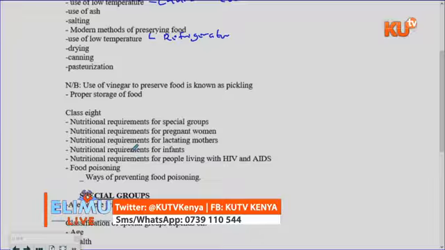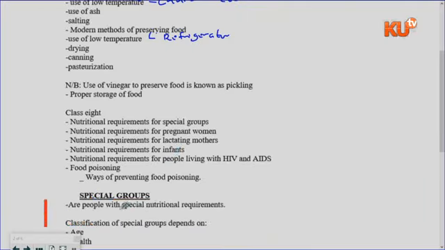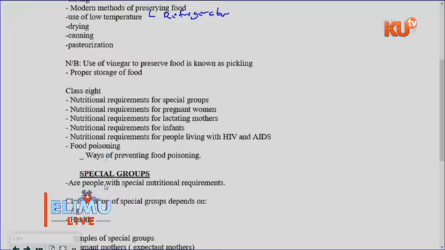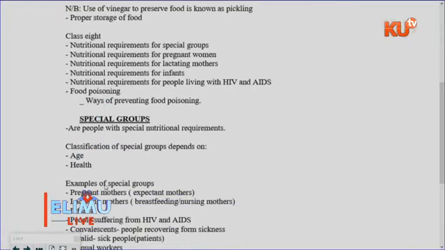Number 4, we have got nutritional requirements for infants. We shall learn who an infant is. And then we have got nutritional requirements for people living with HIV and AIDS. And then lastly, in this one, we shall learn about food poisoning. And then under that one, we shall learn about ways of preventing food poisoning.